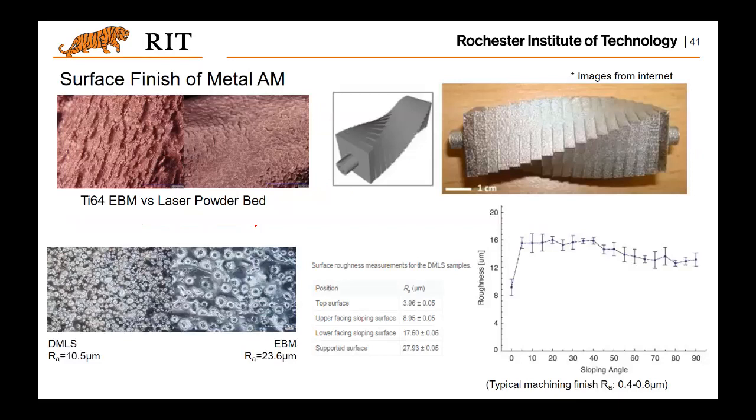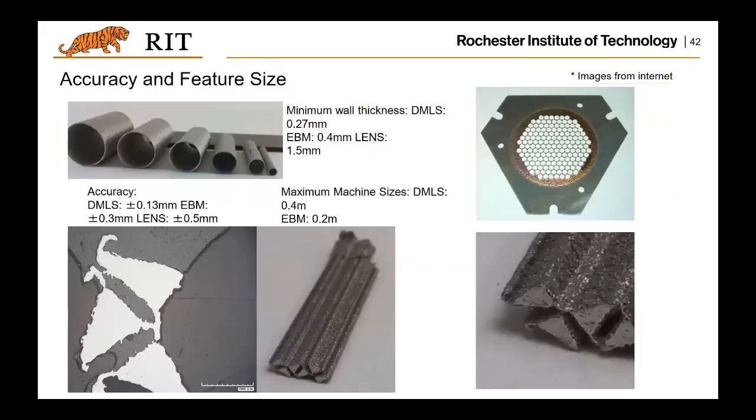Here I show you some surface finish of the part, and also some macroscope pictures taken. As you can see here, this shows the surface of the part, and apparently direct metal laser sintering, DMLS, shows a smaller feature size, and the EBM gives a relatively larger feature size.